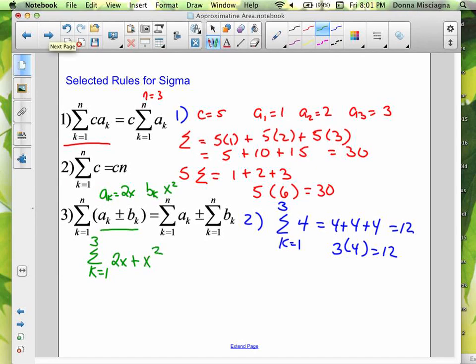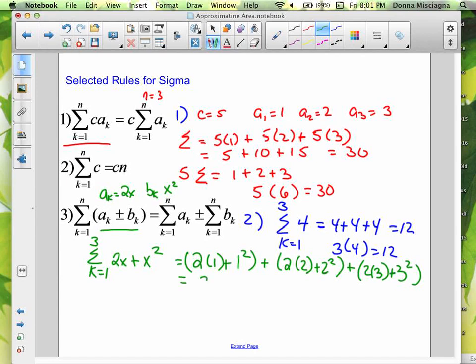That'll be our rule. So I could either find 2 times 1 plus 1 squared, and 2 times 2 plus 2 squared, and 2 times 3 plus 3 squared, which would give us 3 plus, this would be 4 plus 4, 8, and that would be 6 plus 9, 15, and so that would be 26.